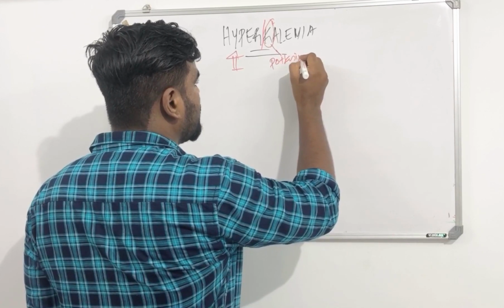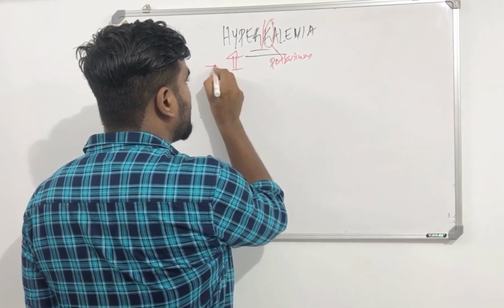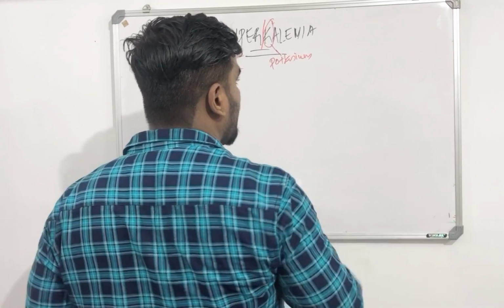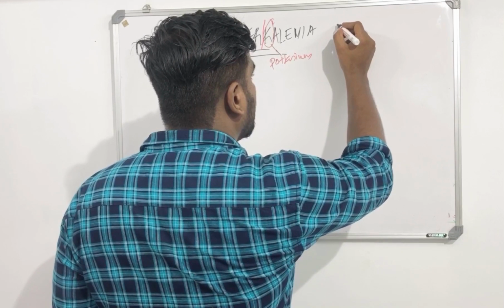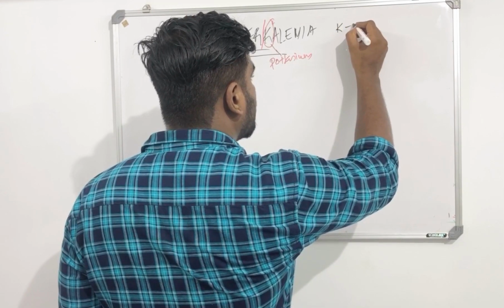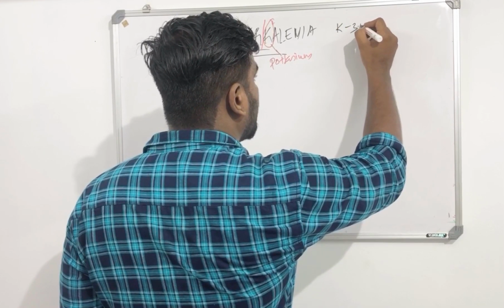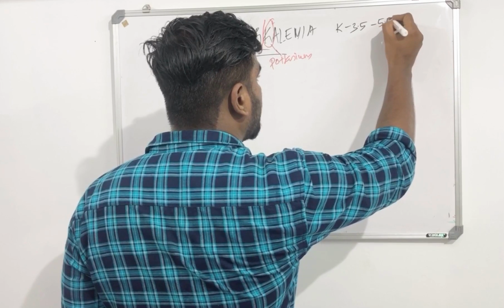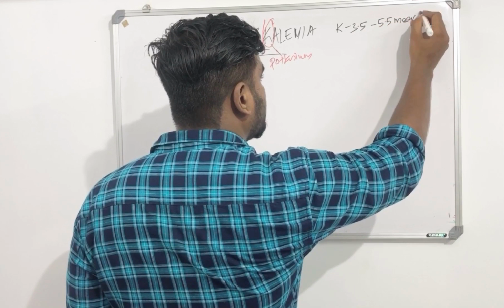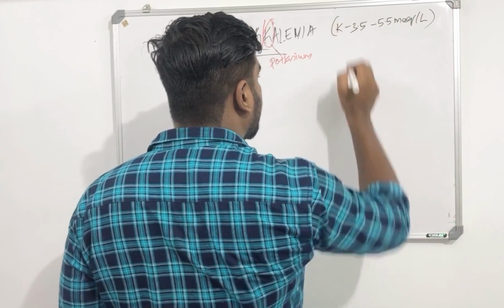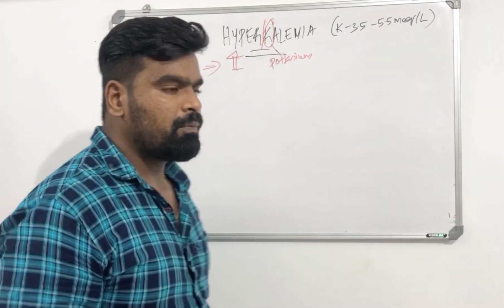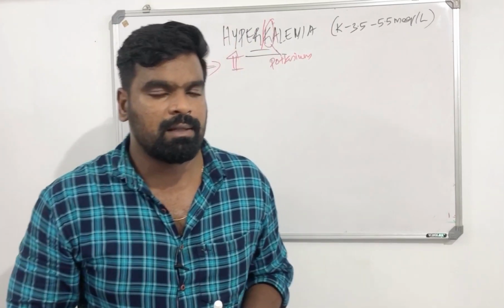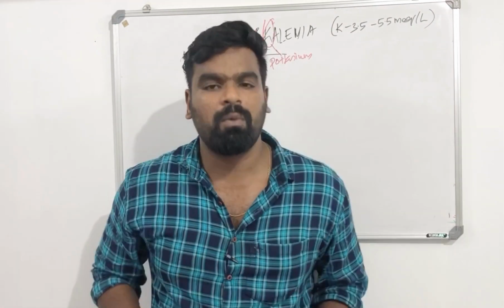It is increased potassium level in the body. As you know, normal potassium is always 3.5 to 5.5 mEq per liter. So what will happen if potassium is highly elevated in the body? That is the thing we are going to discuss now.